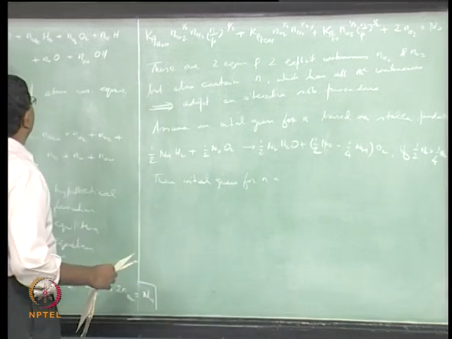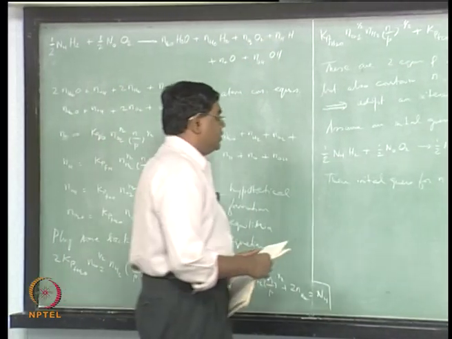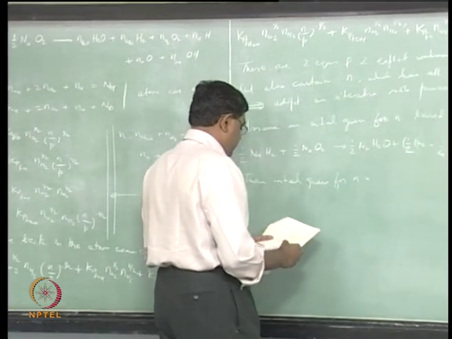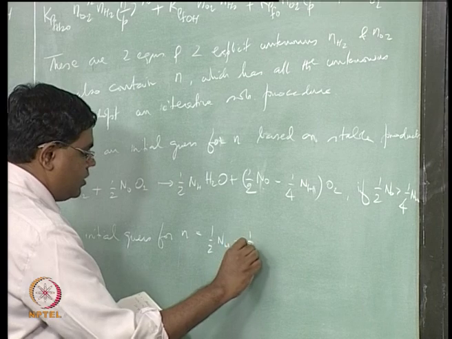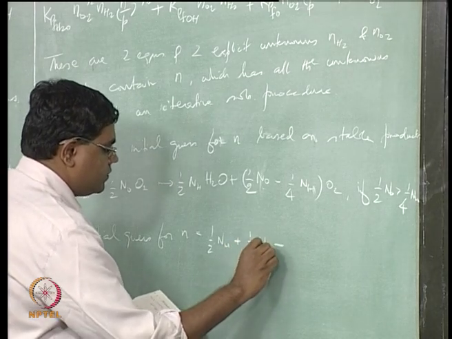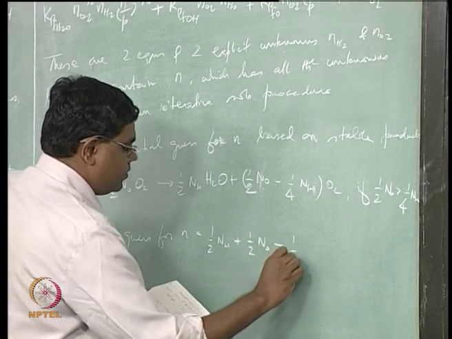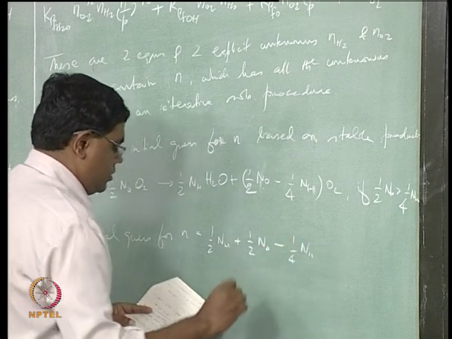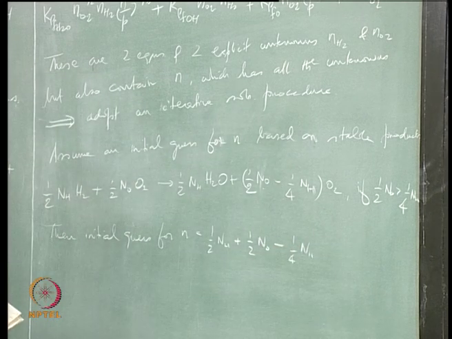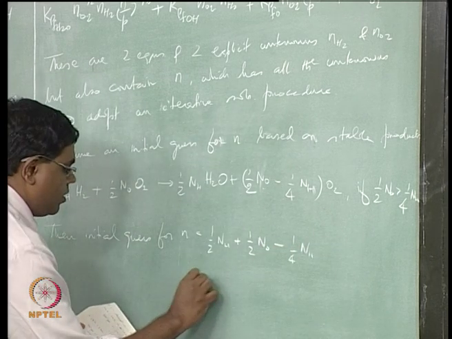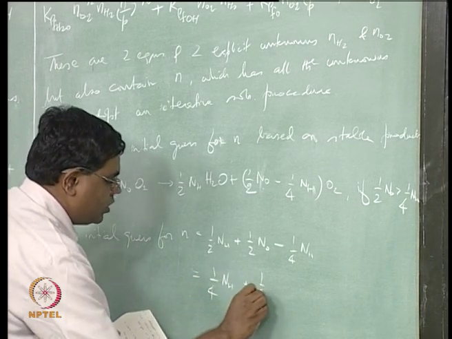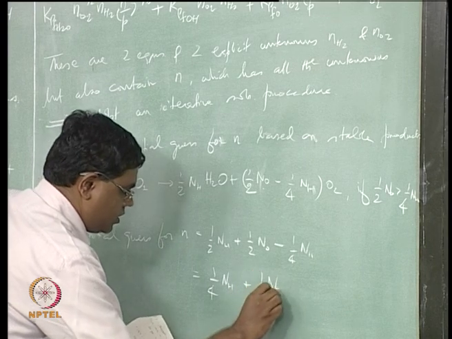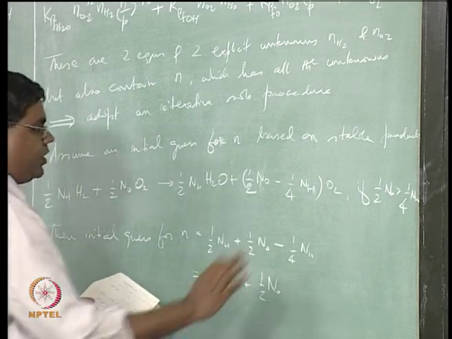That means we disregard all the unstable products, and therefore we can expect this to be half NH plus half NO minus 1/4 NH, and that would be 1/4 NH plus 1/2 NO for this case.